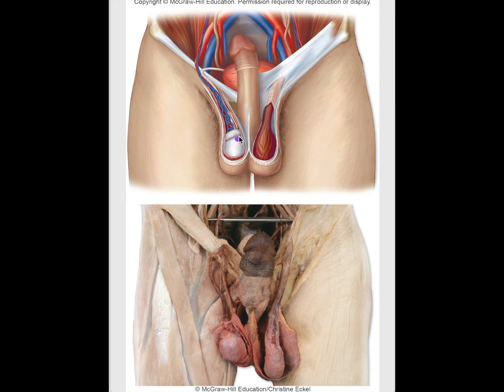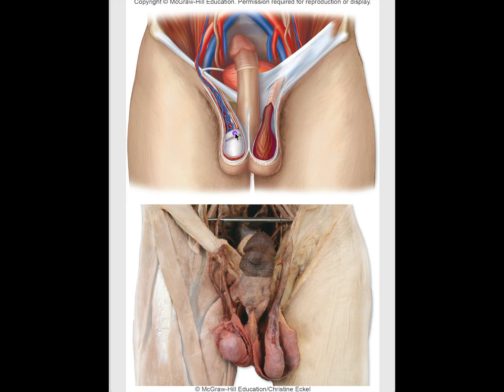And the inside of the pelvic cavity is too warm for the sperm to produce or to develop properly. So the testicles are held on the outside of the abdominal pelvic cavity, and they're housed, like I said, in this scrotal sac here.